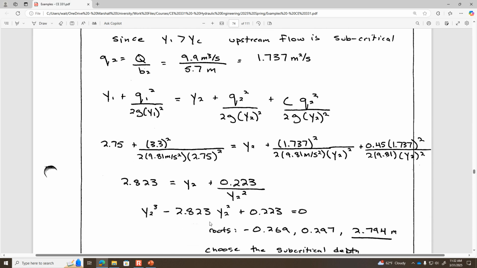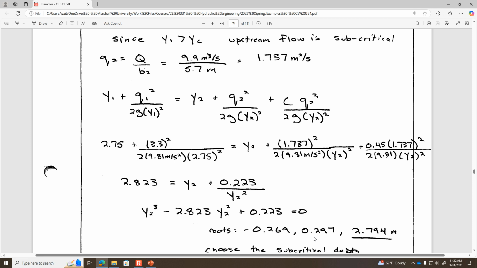So if we rearrange the specific energy equation, multiply each term by y2 squared, then this one becomes y2 cubed, this becomes y2 squared, this becomes just a constant, and we reject the negative root.